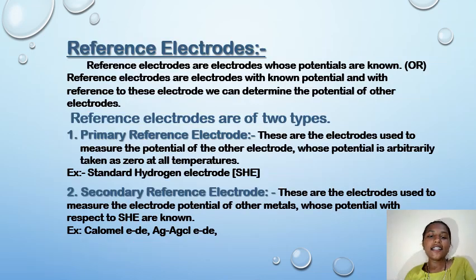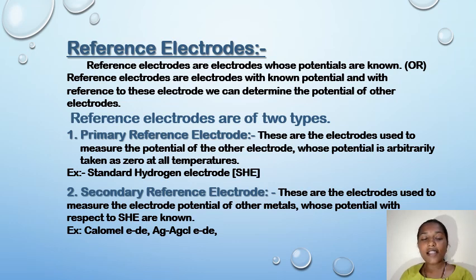Let us study the last topic of this electrode system, which is reference electrodes. Reference electrodes are the electrodes whose potential is already known to us, and with reference to these electrodes we can determine the potential of other electrodes.